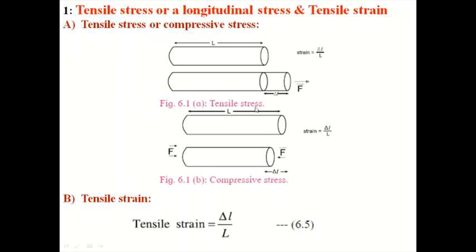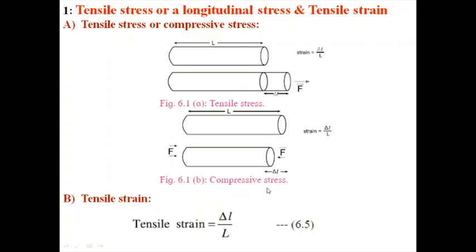This produces an elongation of the wire, and the length of the wire increases accordingly. In figure 6.1a, the length of the wire is L and the force F is perpendicular to the cross section of the wire, then it will change its original length by delta L. This is known as tensile stress, force per unit area of the wire, and tensile strain is the change in dimension to the original dimension.